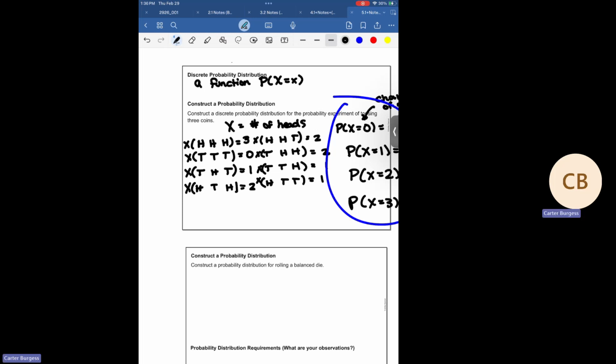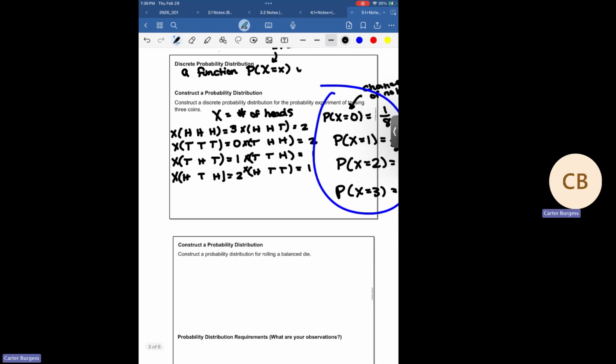This is our random variable at a value, which gives the probability that our random variable is the specified value.